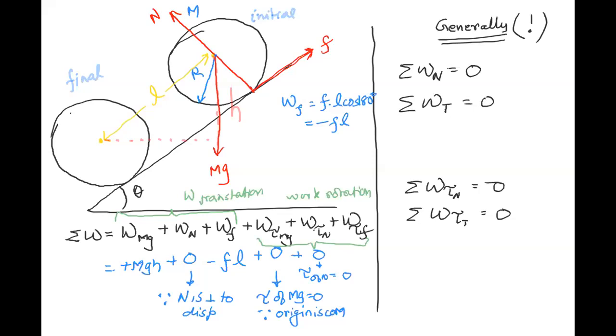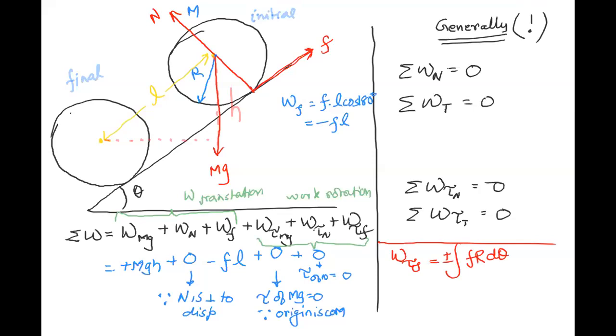Now we wish to work out the work done by the torque of friction. So work done by torque of friction must be equal to plus or minus, we'll decide which, the friction torque, which is Fr, into integral d theta.